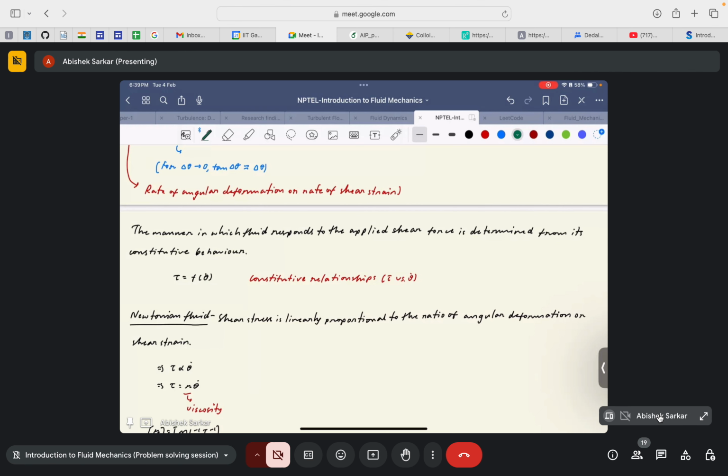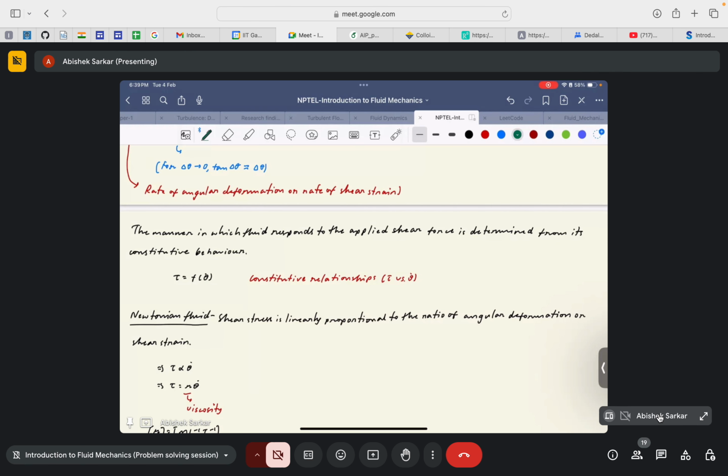And this relationship between the shear stress and the shear strain rate, or the rate of angular deformation, is known as the constitutive relationship. Okay, it's a very important terminology. It is named similarly in solid mechanics as well, where the relationship between the stress and the strain is the constitutive relationship.